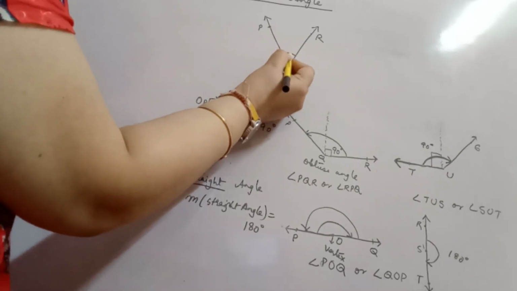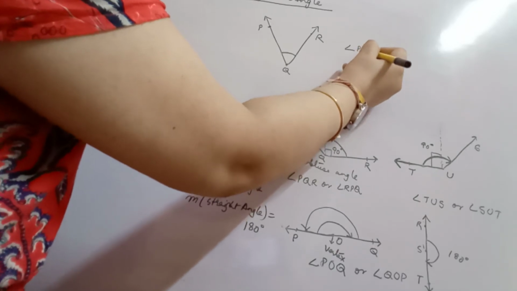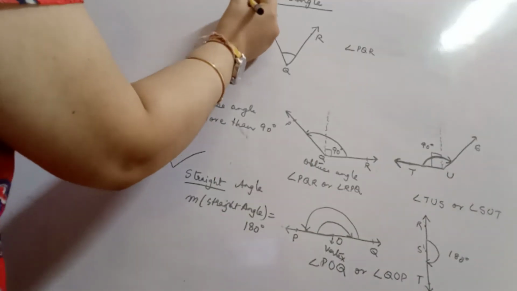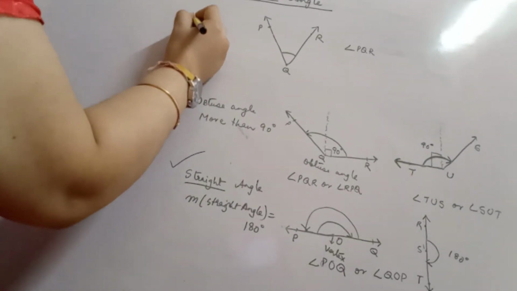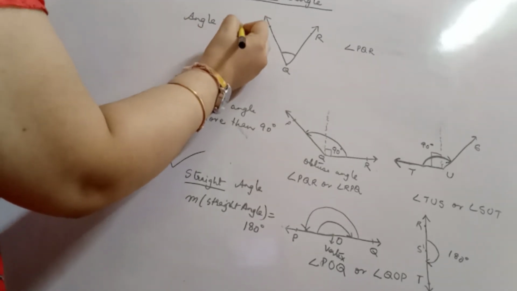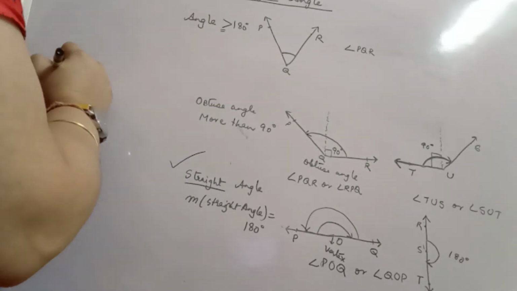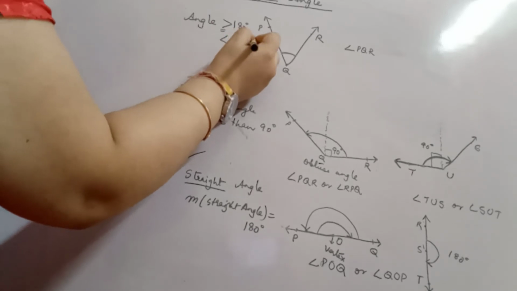So this is the marking and I write angle PQR. What is reflex? The angle which is greater than 180. So this is greater than 180 but less than 360.